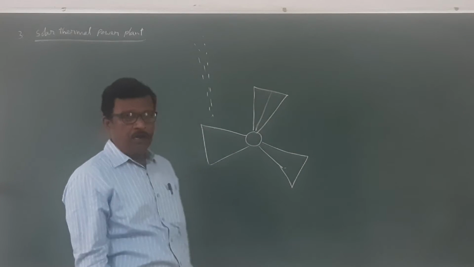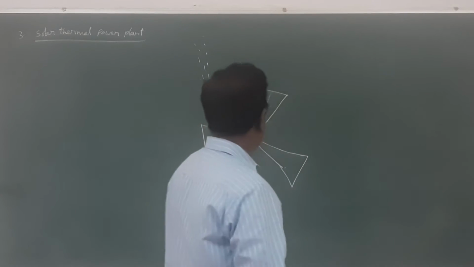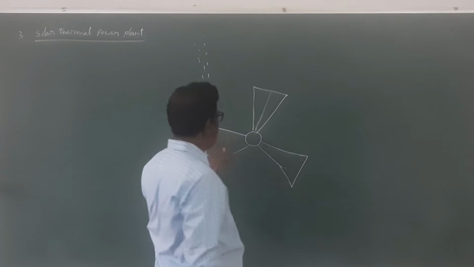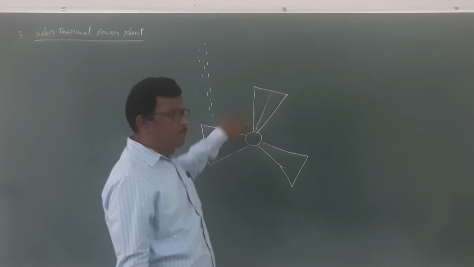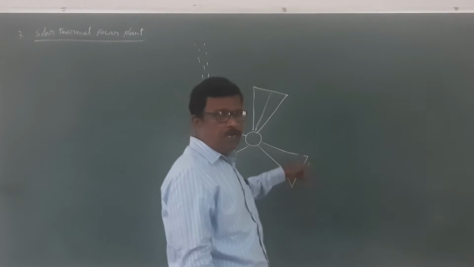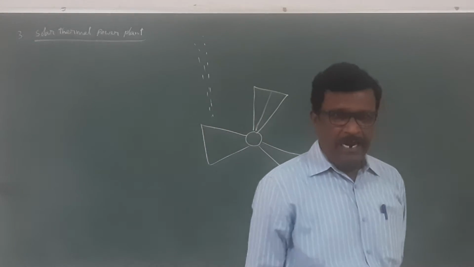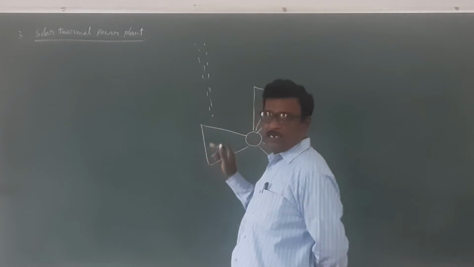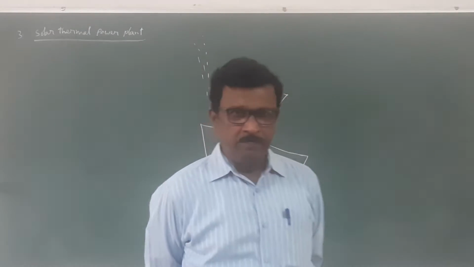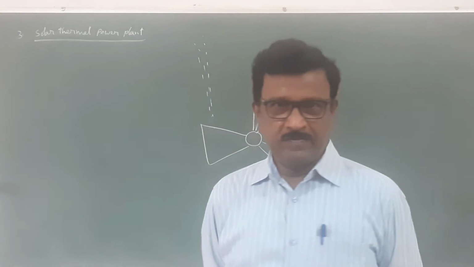When water falls on the turbine, due to the mechanical energy produced by the water, the turbine will rotate and it produces electricity. So here, mechanical energy is converted into electrical energy.